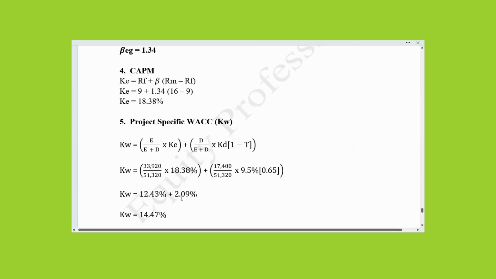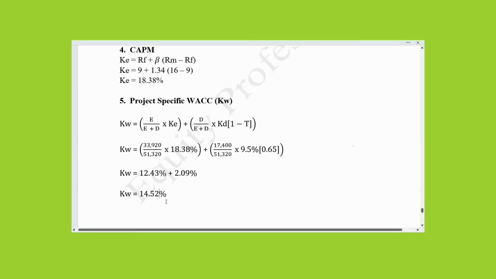So plus 2.09, everything is 14.52%. Approximately 15%. So that's that.